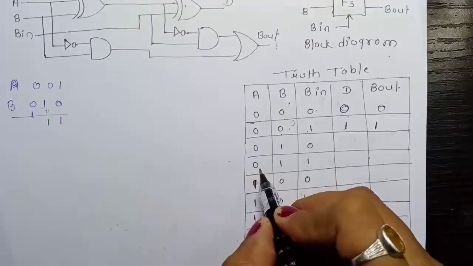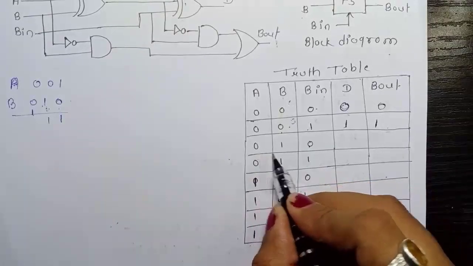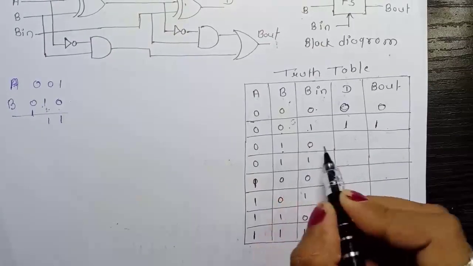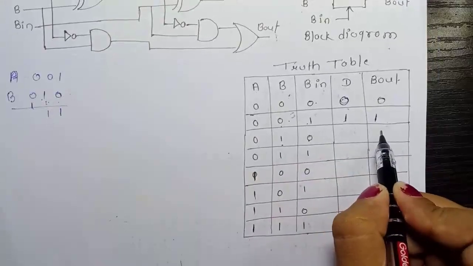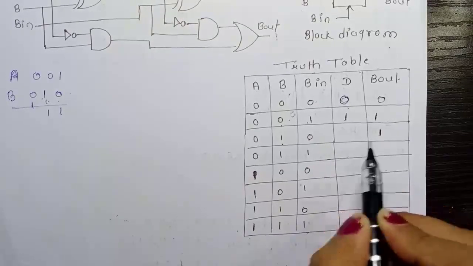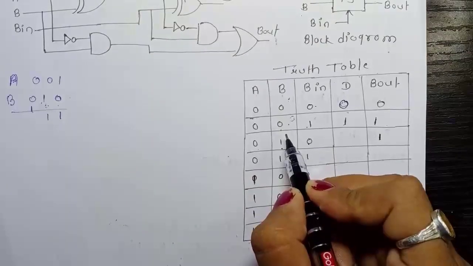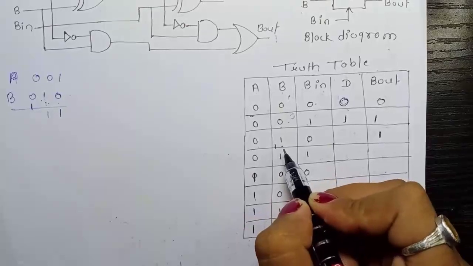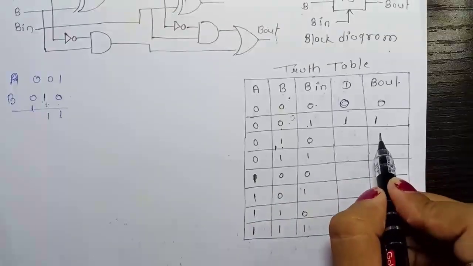Now next 0, 1, 0. So first you need to consider 0 minus 1. In this case your difference is 1 and borrow is 1. So that borrow you just mention here is 1. And whatever difference you have, just keep it in your mind, and after completing this subtraction you put the difference. So after 0 minus 1 you are having difference 1 and borrow 1.